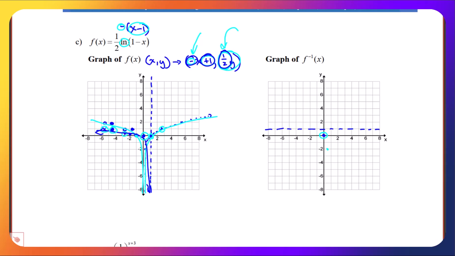Then this point here is like negative 4.7 and up 1, so if I go 1 and negative 4.7, that's about here. And so our graph makes a sharp left turn because the vertical asymptote was 1, and our horizontal asymptote is 1.